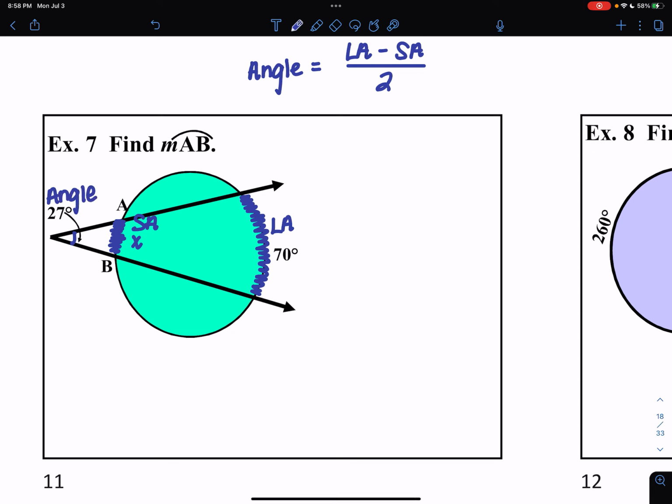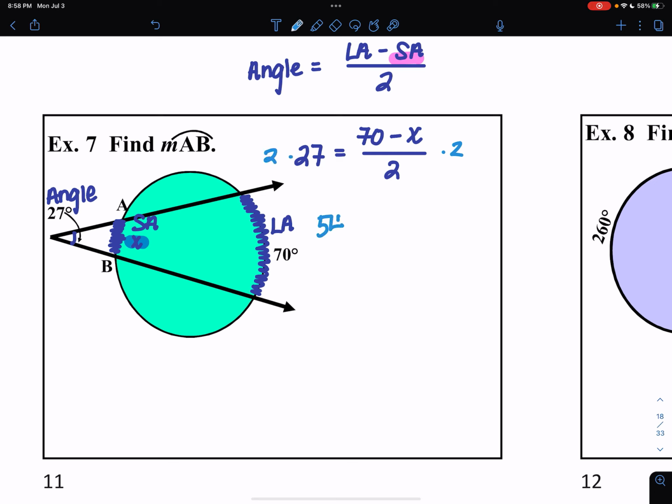So when we're plugging into the formula, we want to make sure that we put x in for the small arc. So this would be angle equals, 27 is the angle, equals large arc, 70, minus x, divided by 2. Multiply both sides by 2 to cancel out the denominator.